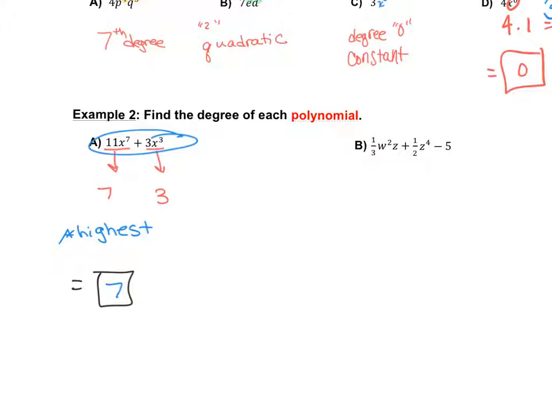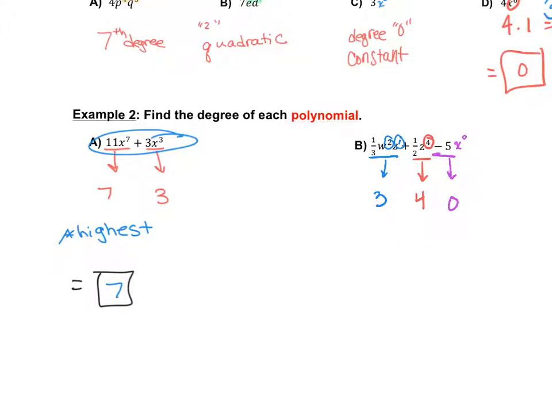Example B. Don't worry about the fractions. All it's asking us is for the degree. So if we look at the degree of the first term, we have an exponent of 2 and we have an exponent of 1, so the degree of the first term is 3. For the next term, the degree of that is the exponent, 4. For the last one, the constant of -5, we know that the degree is 0 because the x is really to the 0 if you thought about it, or the z, or the variable.